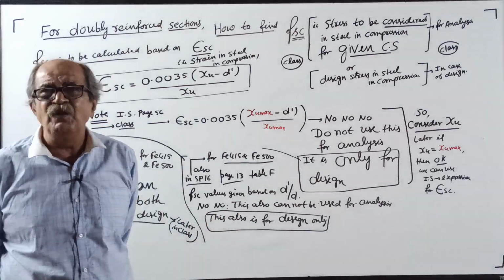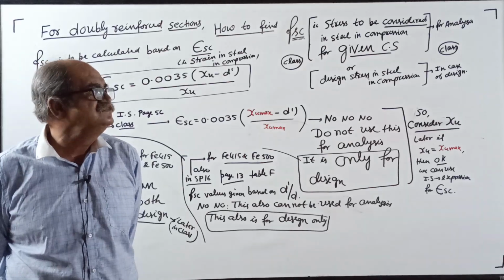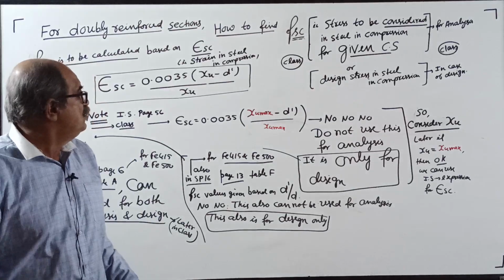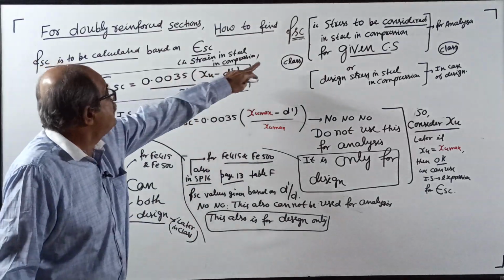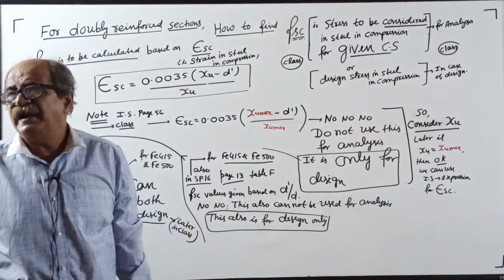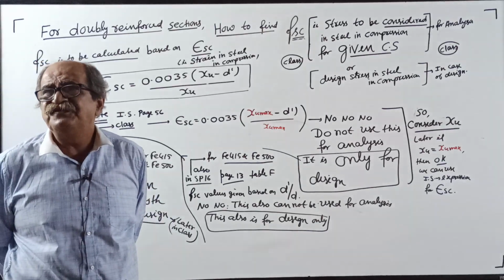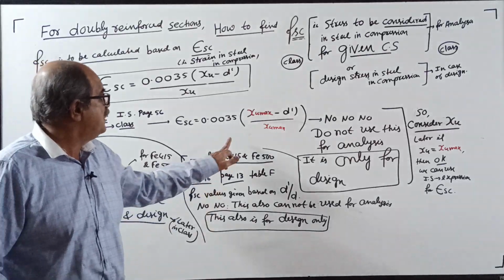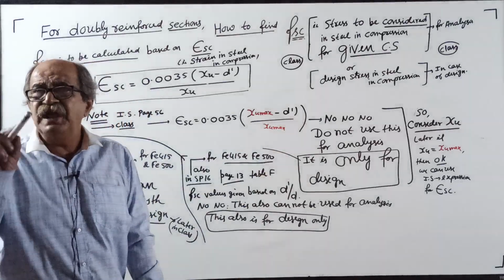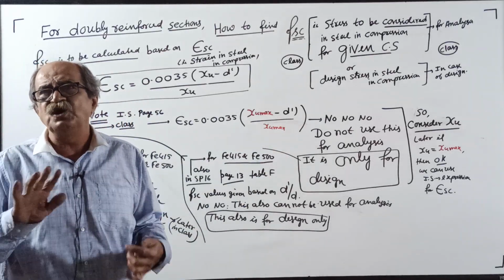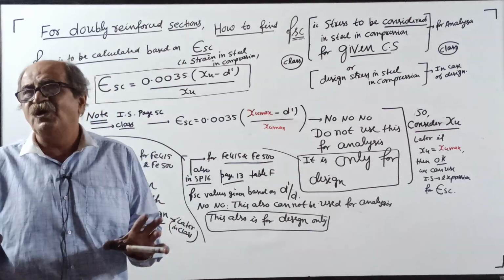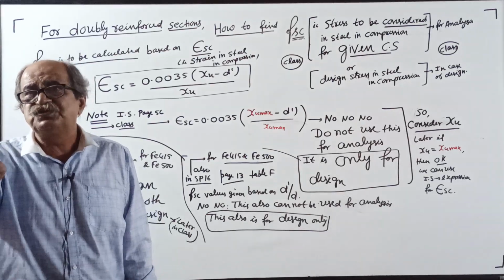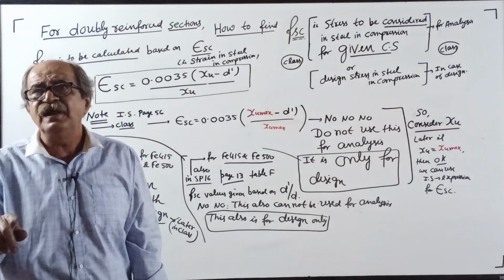I think more than 99% do not have the proper concept. So even this FSC calculation, people make mistakes, and also analysis of doubly reinforced sections, furthermore mistakes. I will tell one by one, exclusively mistake oriented. My purpose is not to insult or degrade them. My purpose is to tell them the truth, the correct concept, so that they will correct it.